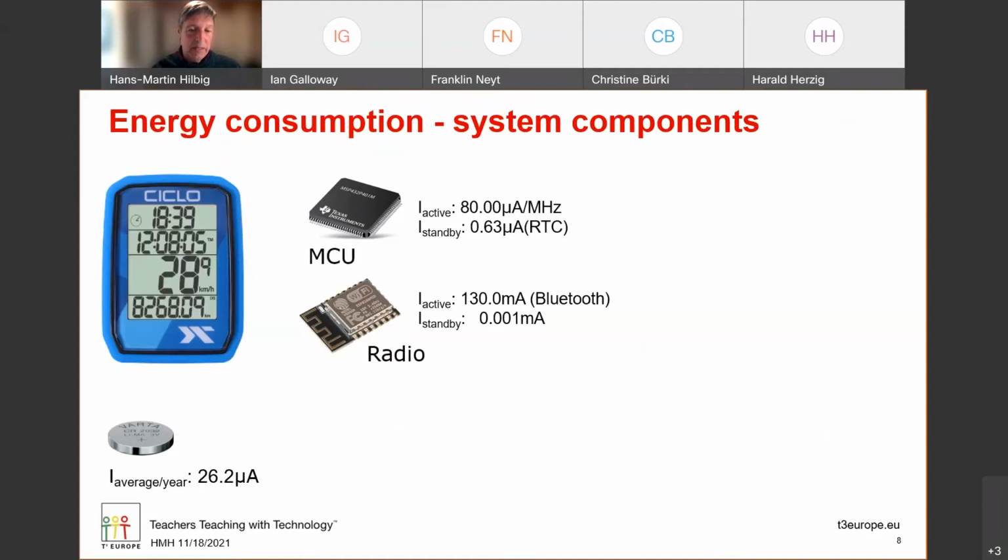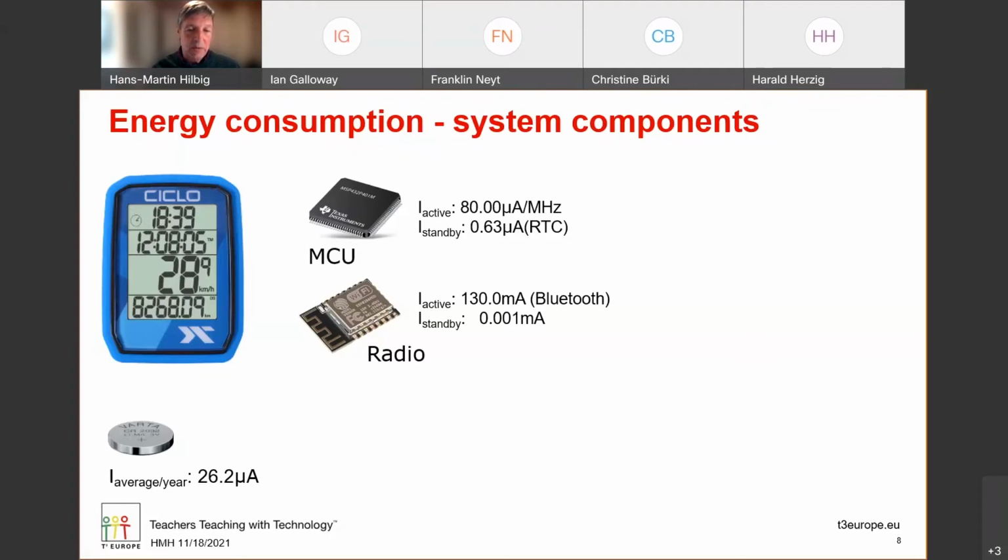When I look at the radio, this thing really sticks out big time. Maybe I'm not being fair with my comparison, but the radio I displayed here is the ESP32, and it has a Bluetooth interface. The Bluetooth interface needs about 130 milliamps when it's active, and almost nothing in standby, which is good.